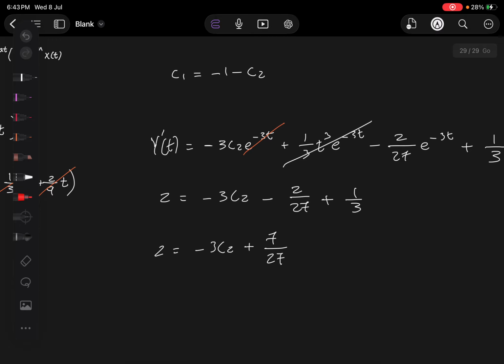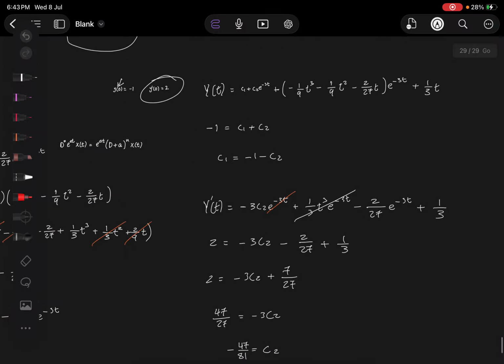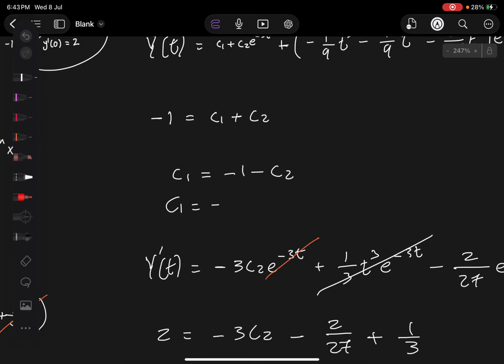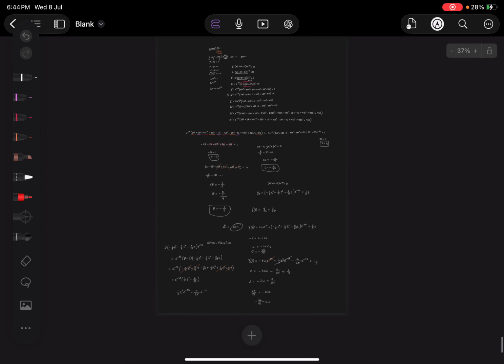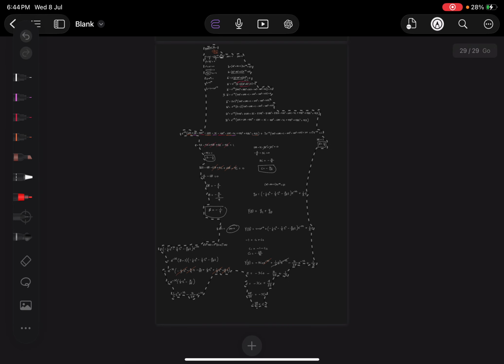Then 2 minus 7 over 27, you get 47 over 27 equals negative 3 C2. Then you divide by negative 3, you get C2 equals negative 47 over 81. And for C1, it's minus 1 minus C2, so it's negative 34 over 81.